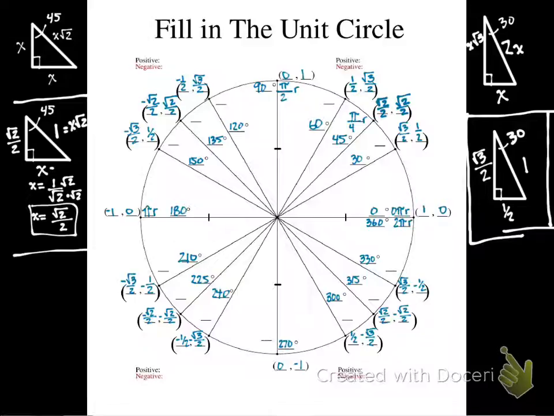Look up here. If I know that to go, this one's going to be a little bit weird. So, if I know to go halfway around the circle is pi over r, remember that each of these is 30 degrees, how many pieces of 30 degrees is it to go around to halfway?